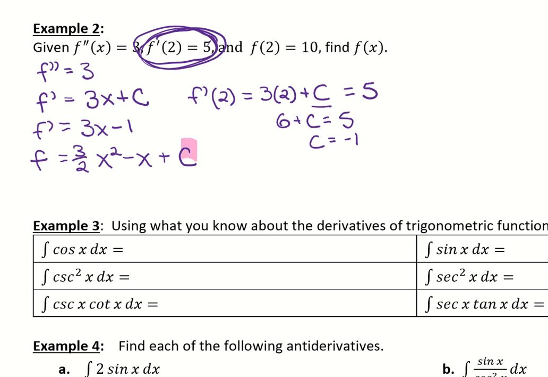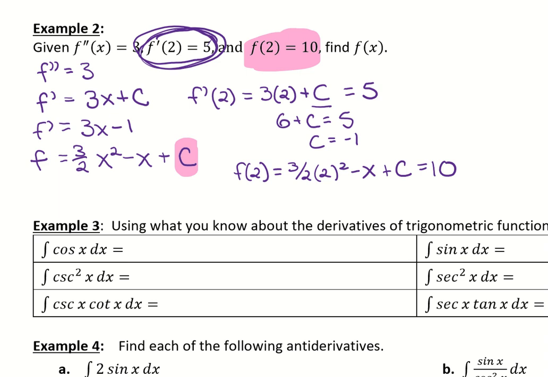Again, we can figure out what our c is because we know here that f of 2 equals 10. So if we plug in 2 for x, we should be able to get 10 out. So let's do it. If we know that f of 2 is the same thing as 3/2 times 2 squared minus x plus some value c, we know that has to equal 10, we can use our algebra skills to work backwards and find c.